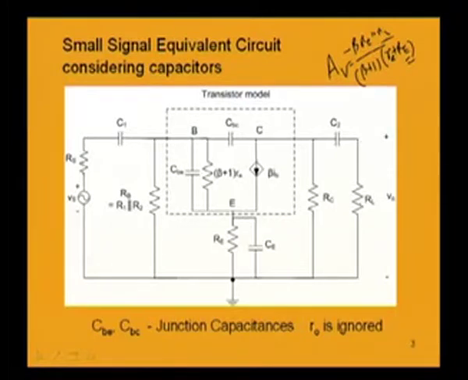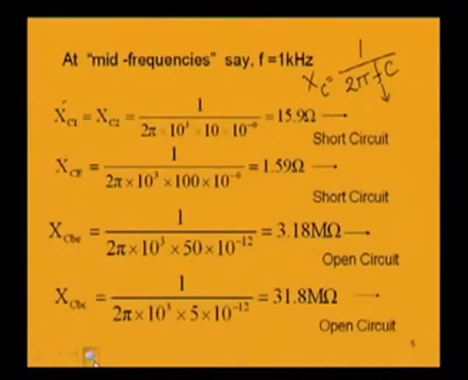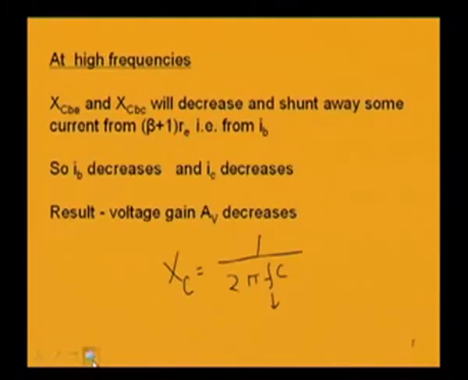Now from this analysis we have seen that when the frequency is low as well as when the frequency is high, in both cases we get the voltage gain of the amplifier lowered.